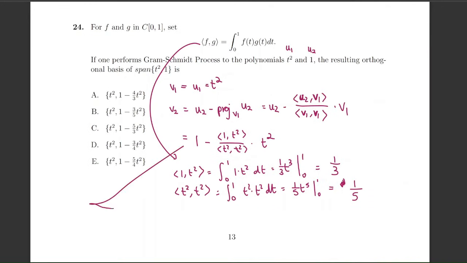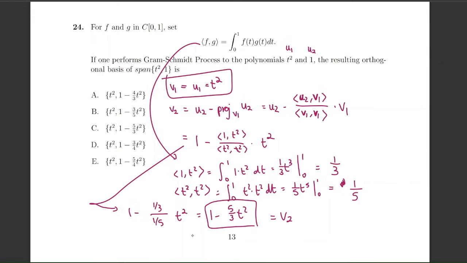So this expression becomes 1 minus 1/3 over 1/5 times t squared, which is just 1 minus 5/3 t squared. So this is going to be our v2, and our v1 is this. So our orthogonal basis is going to be t squared and 1 minus 5/3 t squared.